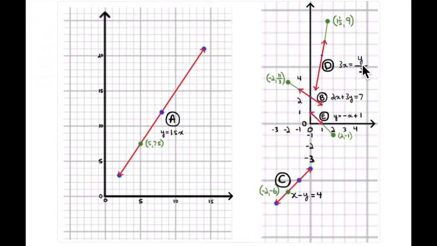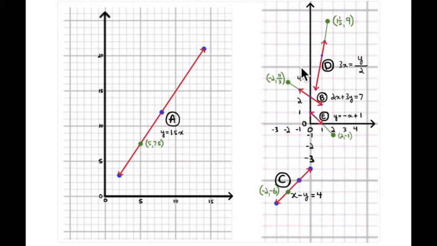And 3 times what number equals 4.5? Well, 3 times 1.5 equals 4.5. Does that make sense? So you go up here to 9, and you go over to 1.5, and that makes sense. This point right here is 1.5, 9. So go over 1.5 and up 9, you get to this point.